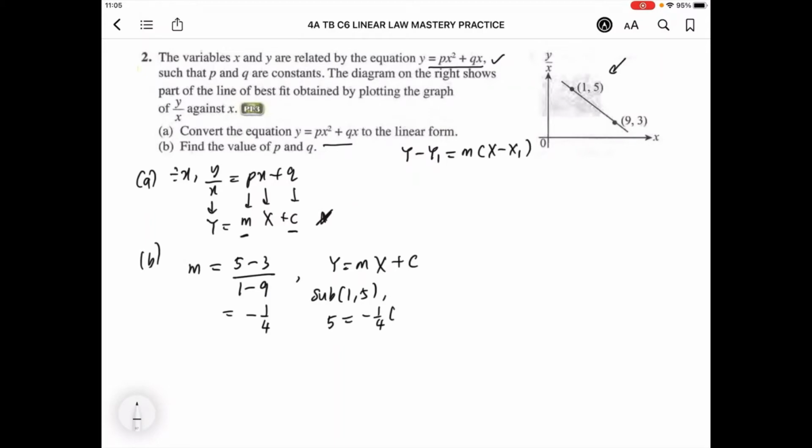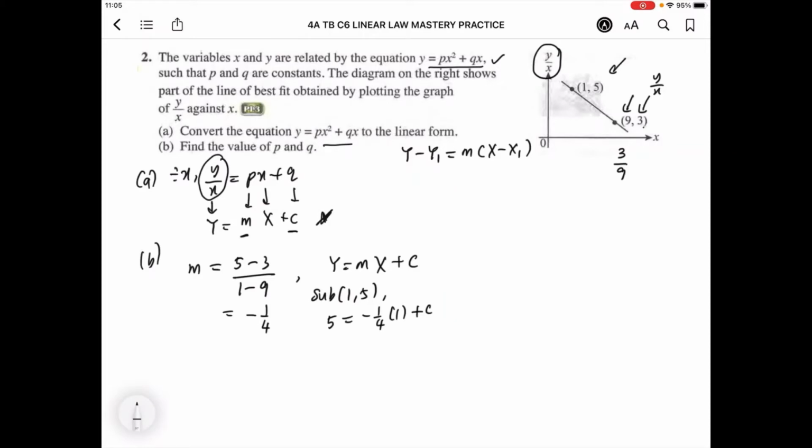So be very careful. Now, why do I use big Y and big X? Because I don't want you guys to think that, for example, some people think, oh, this is your Y over X, so they go and put this as Y, this as X. Like, for example, they think Y is 3, X is 9. No, the Y over X value is now 3. This is your Y over X value, the one that you've converted to linear form.